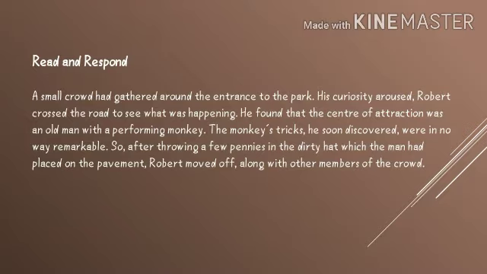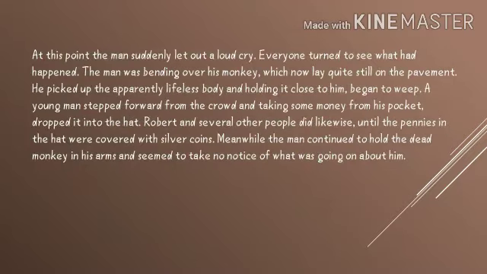They are ordinary tricks performed by the monkey. So Robert, after watching for some time, placed a few coins on the hat. There was a hat kept by the old man on the pavement for the crowd to put money in. So what did Robert do? Robert placed some coins and just turned and walked from that place.